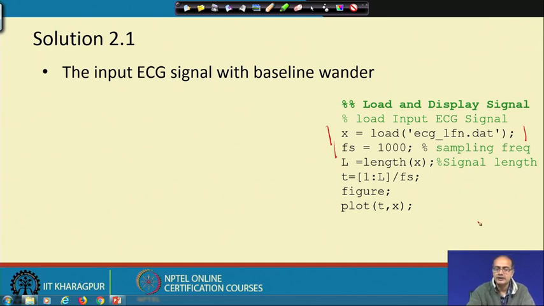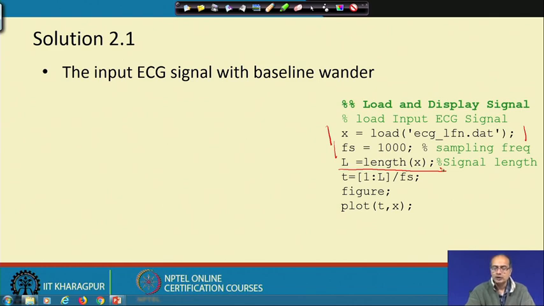We initialize the variable fs with the sampling frequency. Next, we would like to get the length of the variable x, which means the number of samples. So, we write in the variable L using the command length of x.